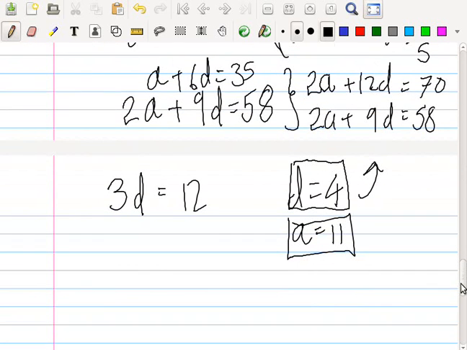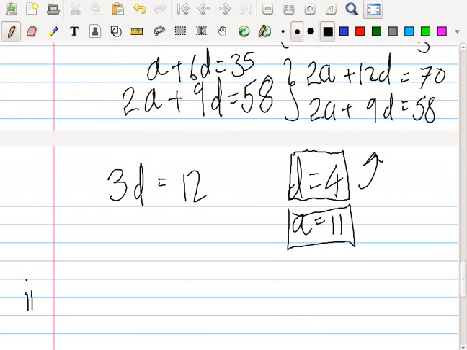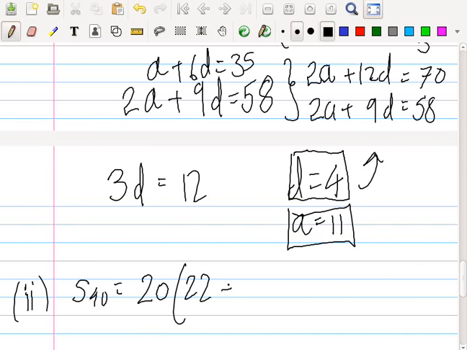Okay, and last part here, find the sum of the first 40 terms. So S40 equals, what's the formula then? n over 2, so what would that be here? 20, 2a, plus n minus 1, 39, times d.